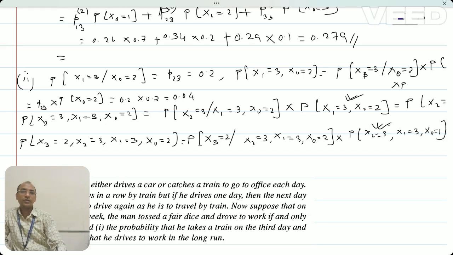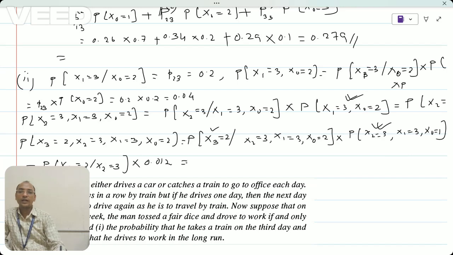But we know the value of this one. This is nothing but 0.012, and so we can rewrite this as, since this state depends upon only one state x2, probability x3 equal to 2 given x2 equal to 3 into the value of that one, 0.012, and so it is equal to state 3 to state 2.